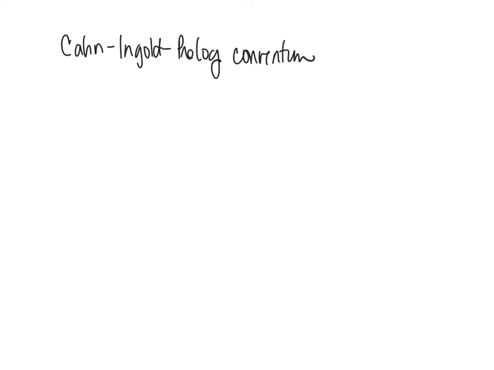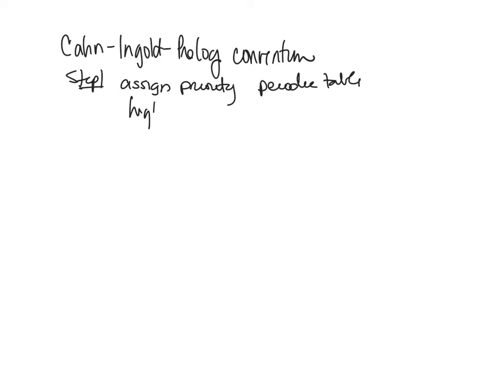So the first thing we have to do when we're naming configuration, step 1, is we're going to assign priorities. Okay, so for priority, you might want to get a periodic table out. And it's based on higher atomic number.